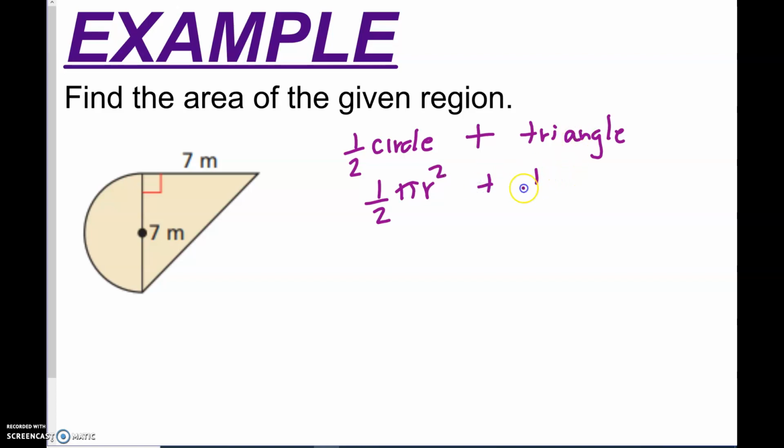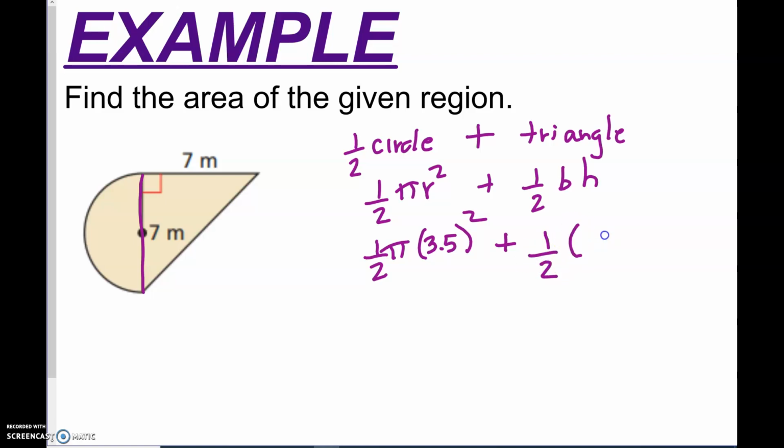So the triangle formula is 1/2 base times height. So I've got 1/2 pi. Now I need to know what my radius is. Well, if this whole diameter is 7, then my radius must be 3.5, plus 1/2, and it looks like in this triangle my base is 7 and my height is also 7.